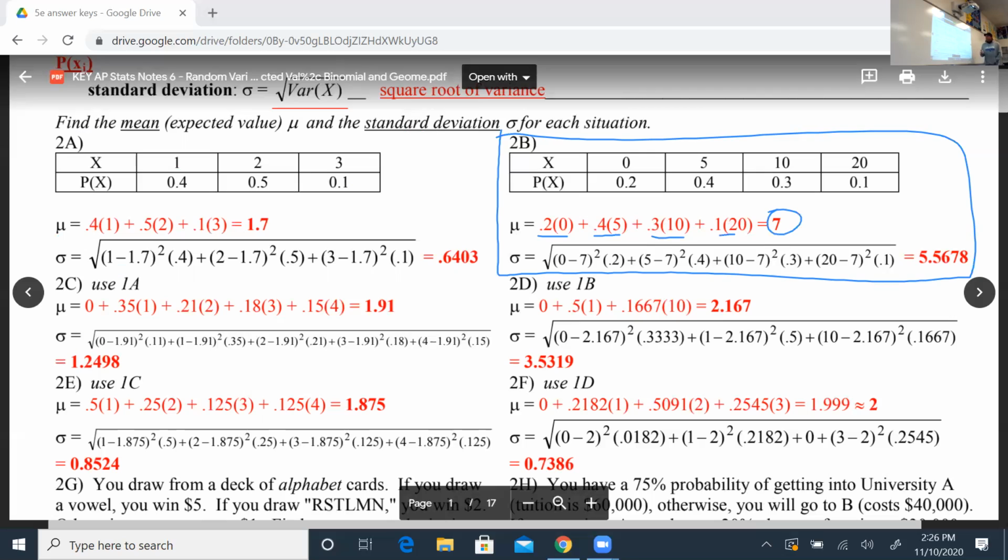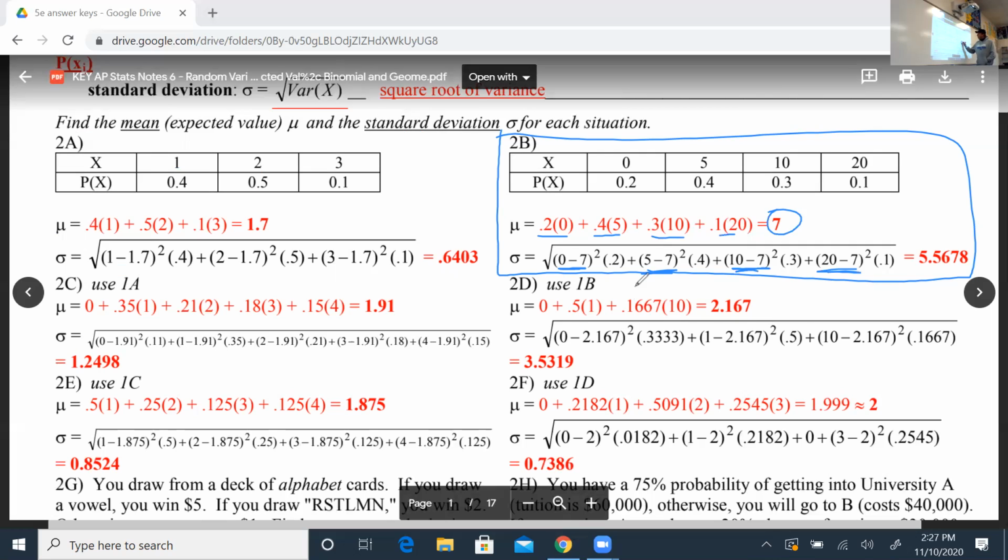That's the mean. We need the mean to get the standard deviation. And again, the standard deviation is the typical distance from the mean. So what we do is we take the distance from the mean on every single entry, the 0, the 5, the 10, and the 20. And we subtract the mean every time, 7, and we square it.